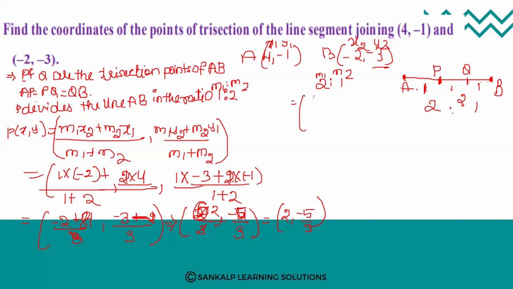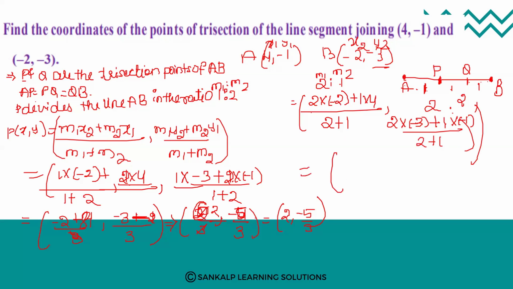So m1 value is 2. 2 into x2, x2 is minus 2, plus m2 is 1 into x1, x1 is 4, divided by 2 plus 1. Similarly, m1 value is 2, y2 value is minus 3, plus m2 value is 1, y1 value is minus 1, divided by 2 plus 1.